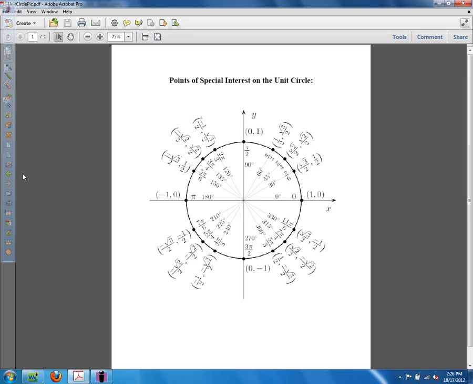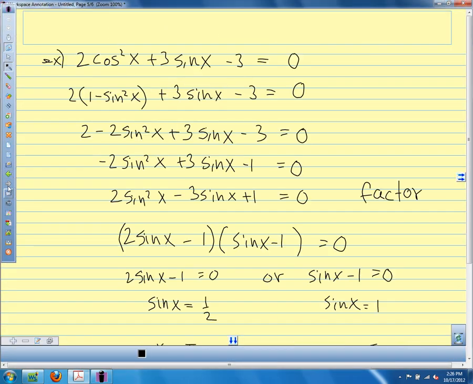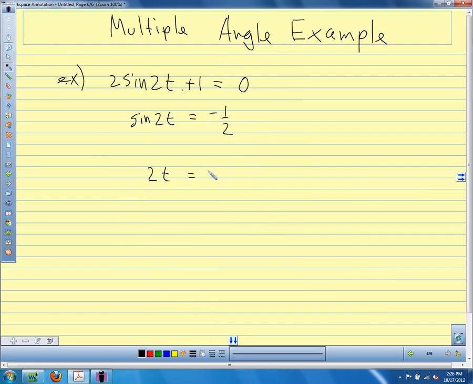So I go back here and I say that 2t is 7 pi over 6 plus 2n pi, or 2t equals 11 pi over 6 plus 2n pi.